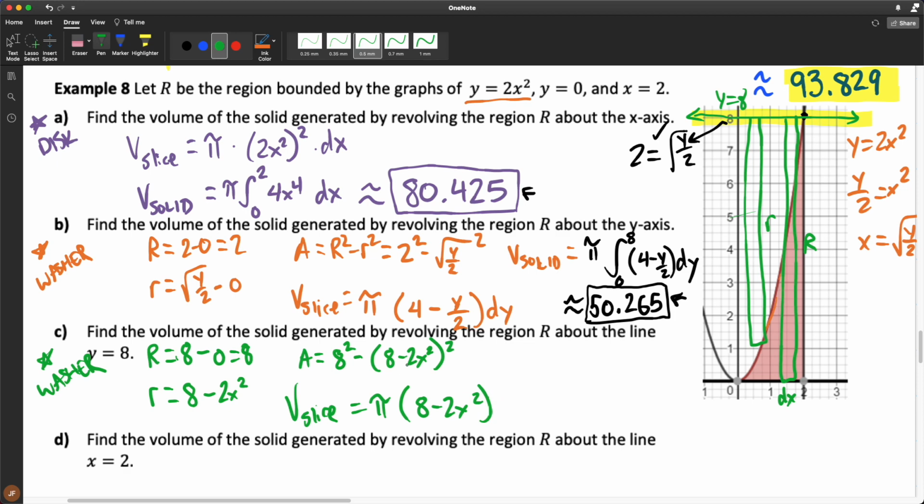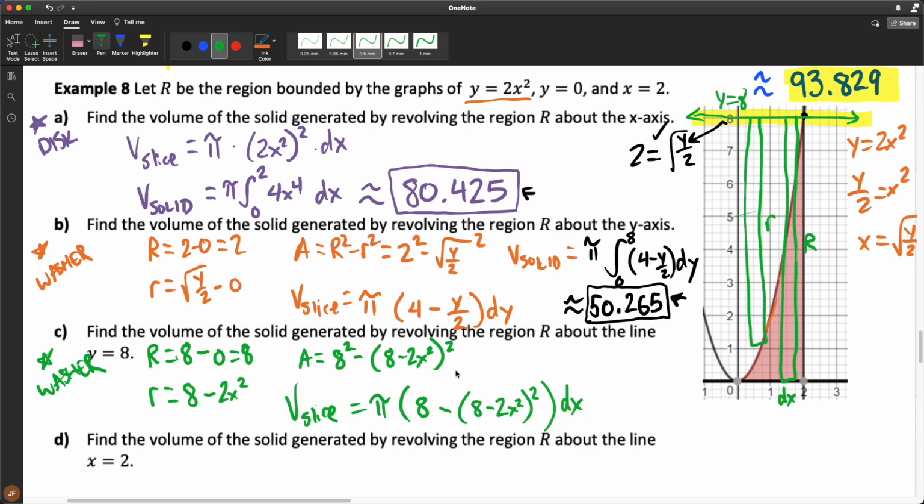Let's see, I need to be careful there. All right, we did 8 minus 2x squared times our thickness, which is dx.